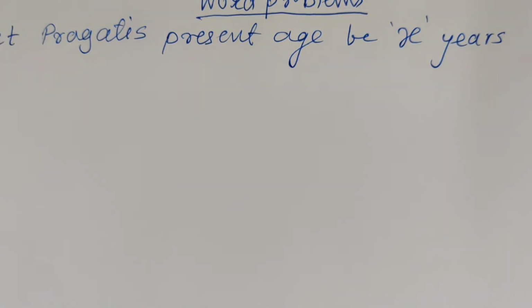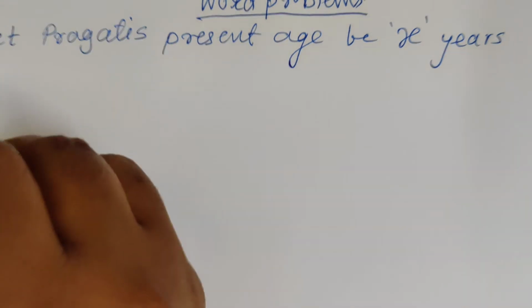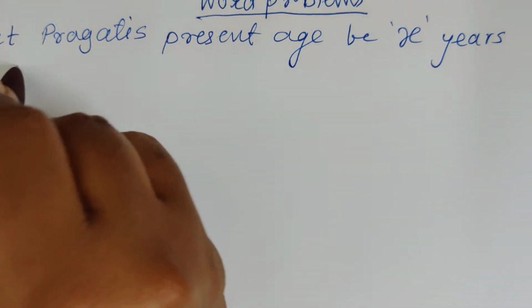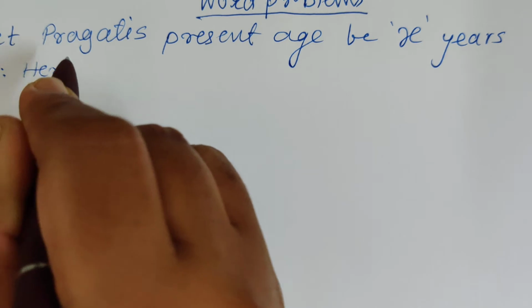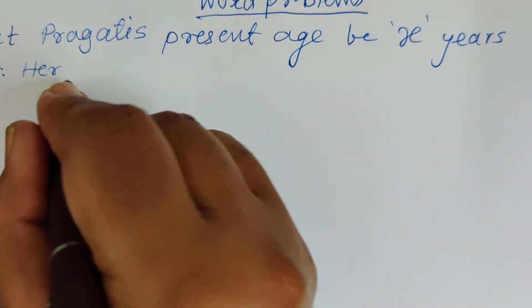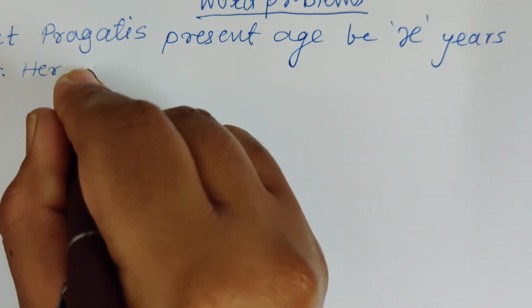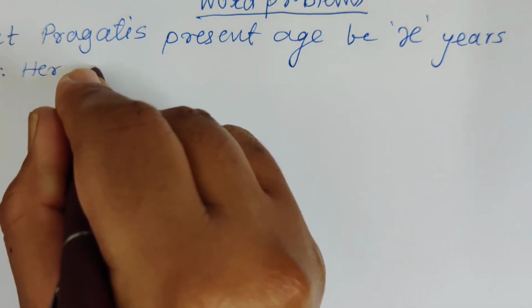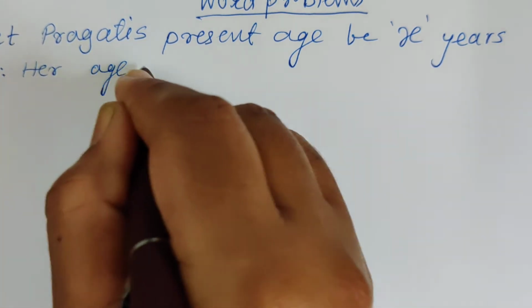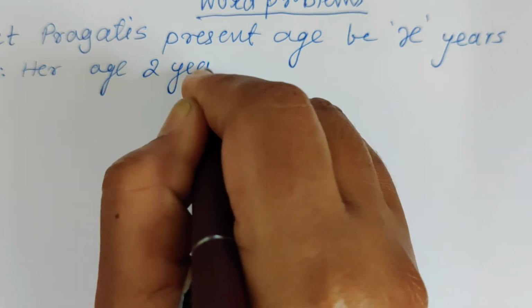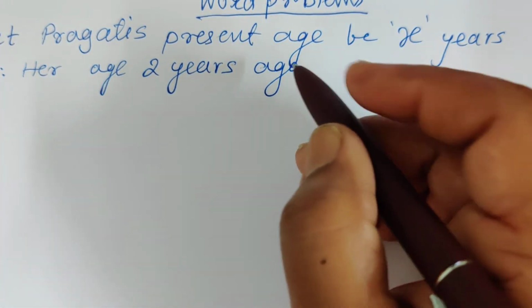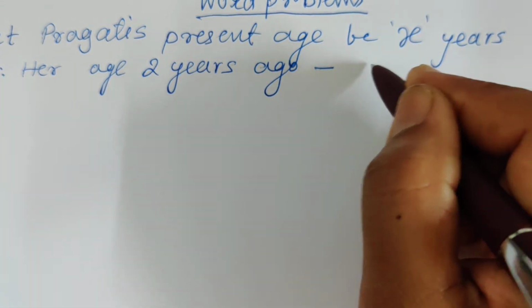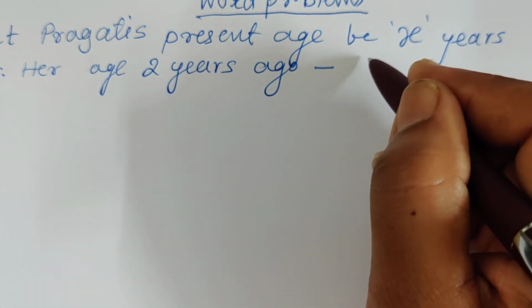And her age 2 years ago, that means before 2 years, is x minus 2.